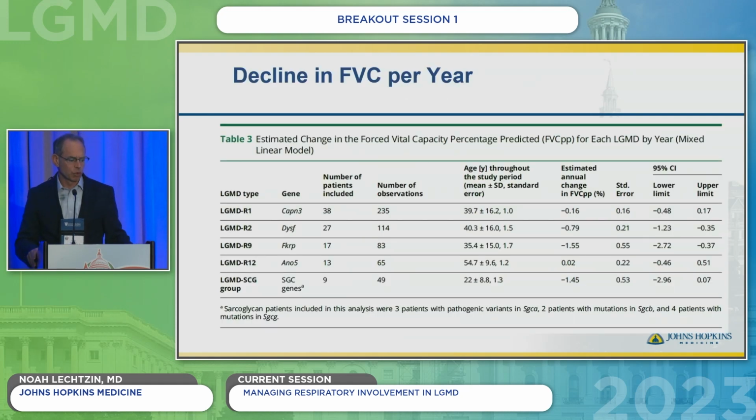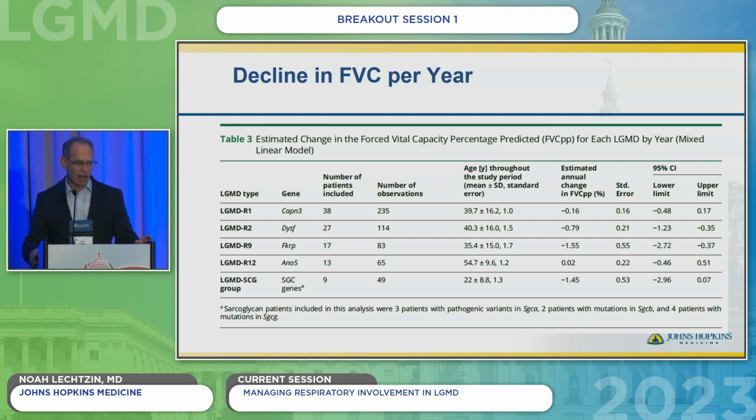And then just one more way to look at sort of the same thing is just looking at how much their lung function declined per year. And if you look at the column that says estimated annual change in FVC, or forced vital capacity, again, you can see the R9, which were the patients who more of them had respiratory muscle weakness, they tended to progress more quickly.